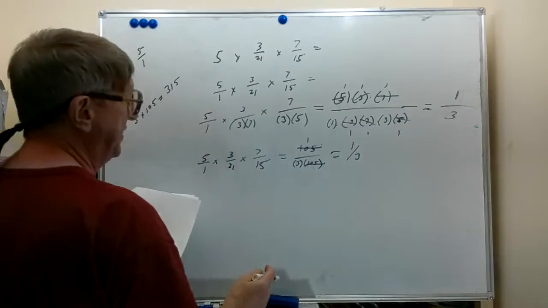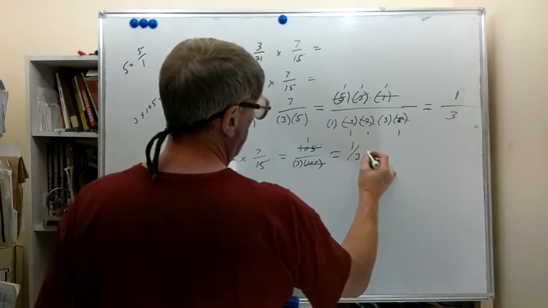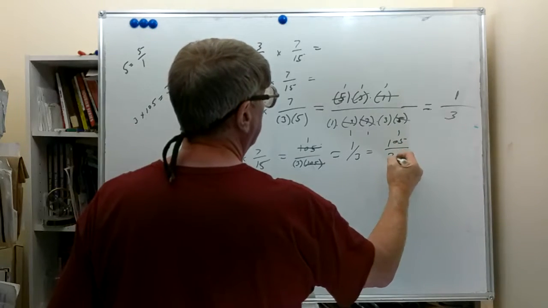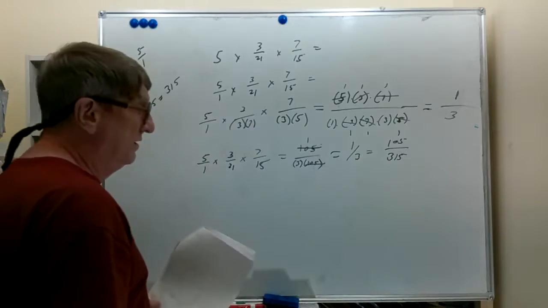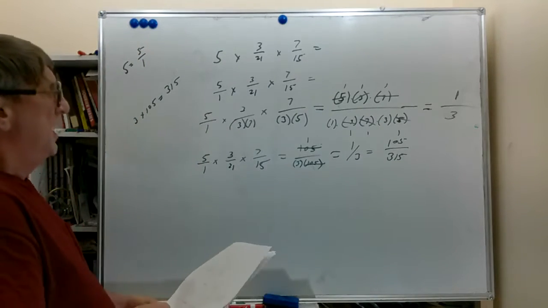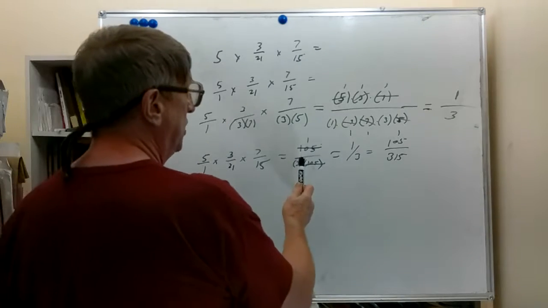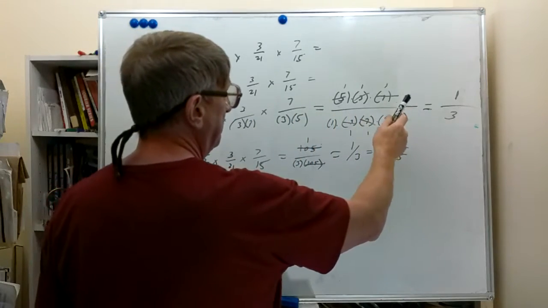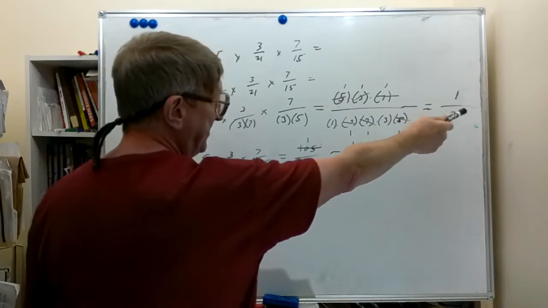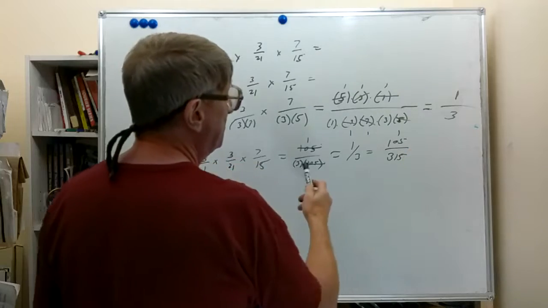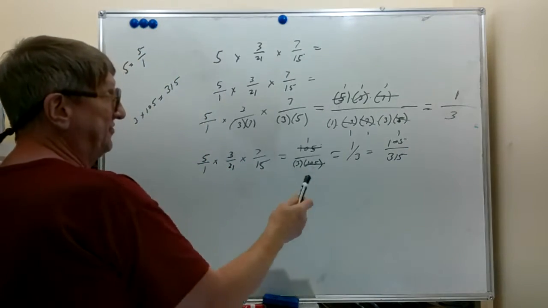So what we've shown here is that 1/3 is an equivalent fraction to 105 over 315. And we get the same result either way. It wasn't arithmetically wrong, but we had a nicer setup once we canceled all the common factors. We got directly to 1/3. We didn't have to do the reduction afterwards.